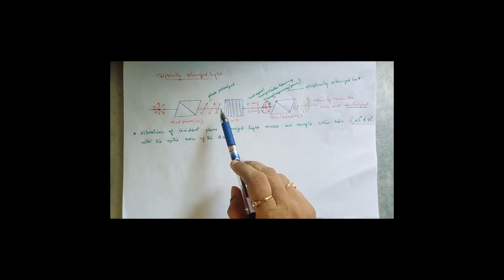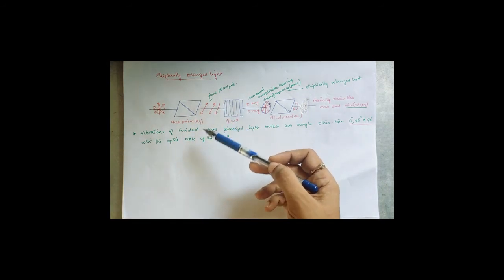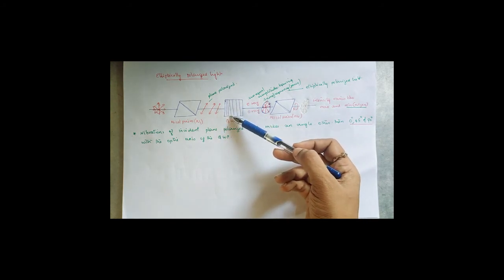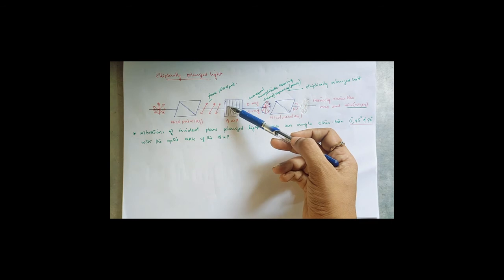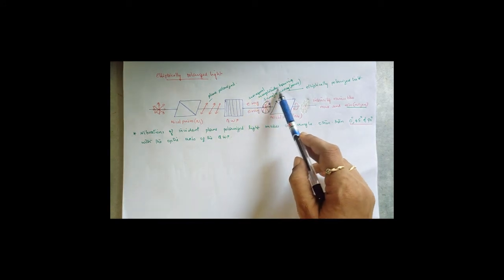The light falls normally on the crystal, and if the amplitude of the light vibrations makes an angle other than 45 degrees, 0, or 90 degrees with the optic axis of the quarter wave plate, we will get unequal amplitudes.